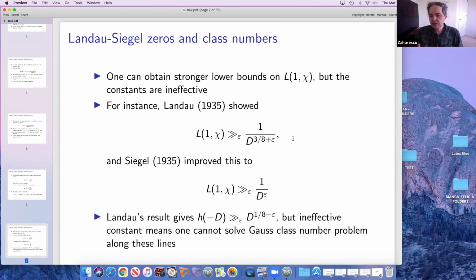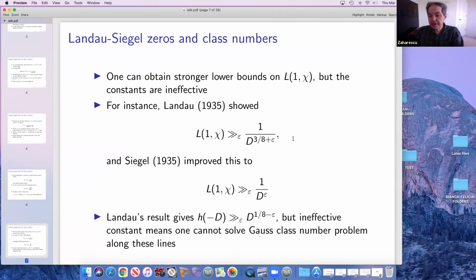He uses auxiliary functions, and so on. It's interesting that the papers appear in the same year and in the same journal, the first volume of Acta Arithmetica. Landau published it there, and Siegel immediately found out, immediately did it and immediately published it.